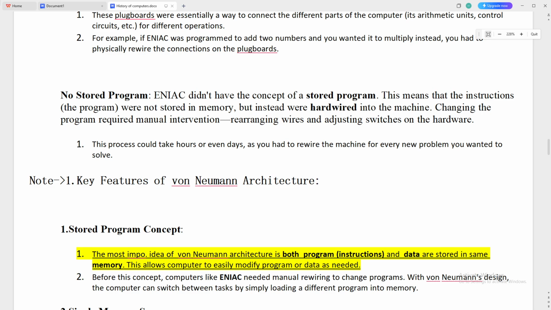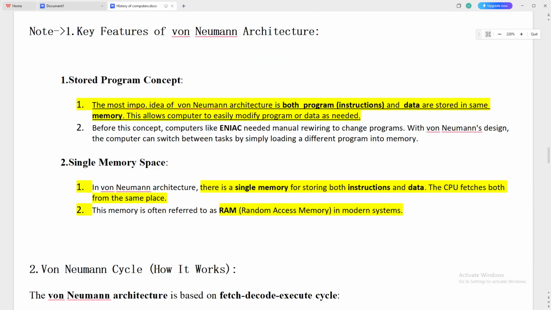So now the key features of von Neumann architecture. What does the von Neumann architecture really say? The stored program concept.